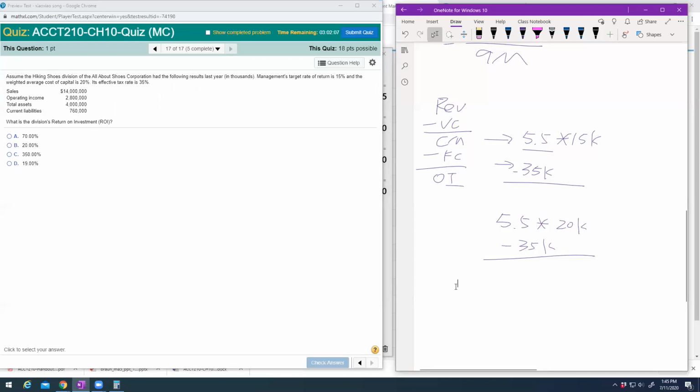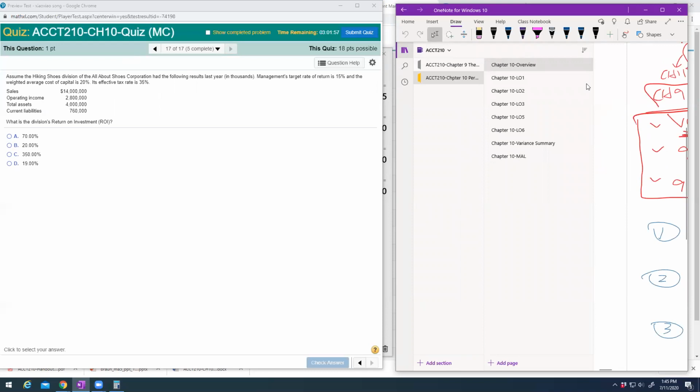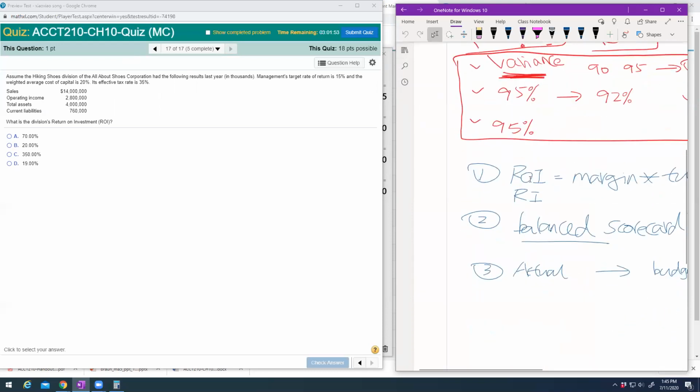Okay, so quick review. I think this multiple choice definitely gives you good practice for all these measures, right? Remember, what you need to know in this part is all the calculations. I think the multiple choice and the first question of the problem are good practice.